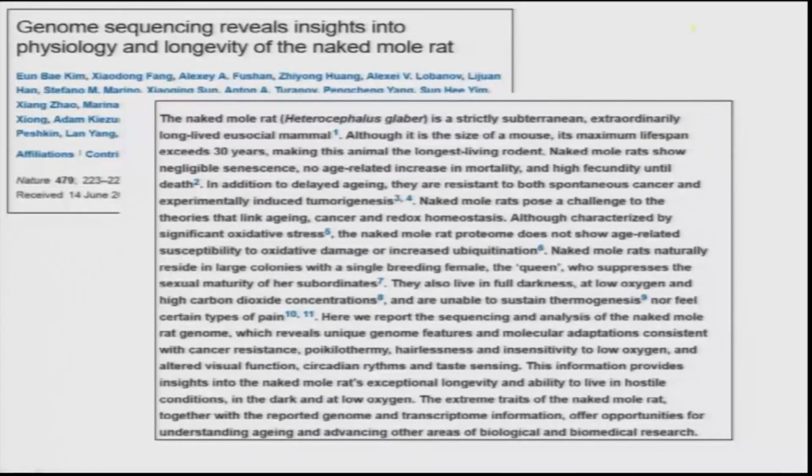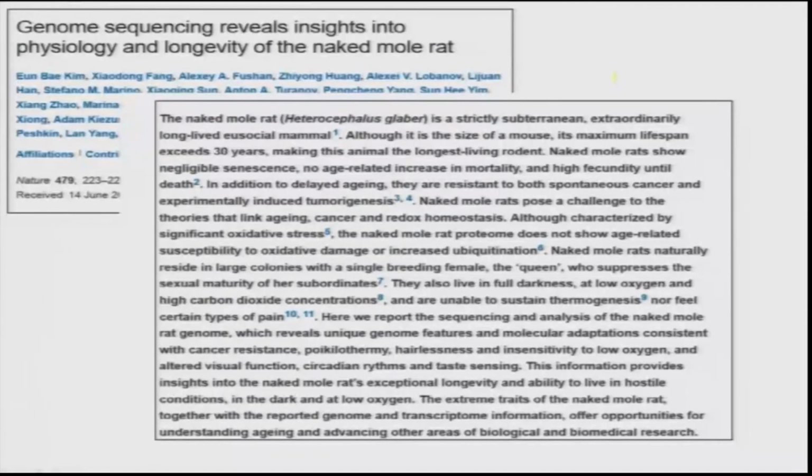It's strictly subterranean, meaning it lives underground. Extraordinarily long-lived mammals. Although the size of a mouse, its maximum lifespan exceeds 30 years, making this animal the longest-living rodent. Naked mole rats show negligible senescence. They don't age at all.